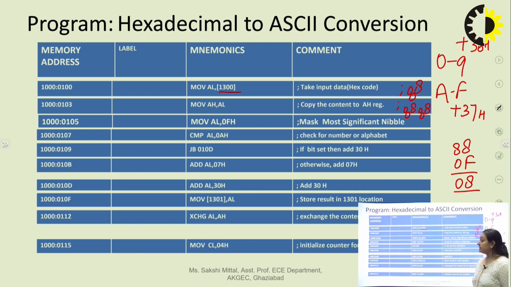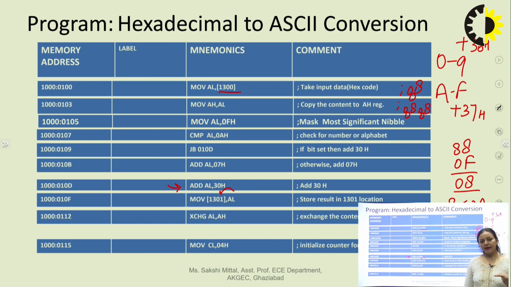Now check jump if below, JB. If the number is below 0A, then you should jump to this location 010D, and you move on here and add 30. So it was 8, I added 30, it becomes 38. And next I move [1301], AL. So we have stored the result at this location.